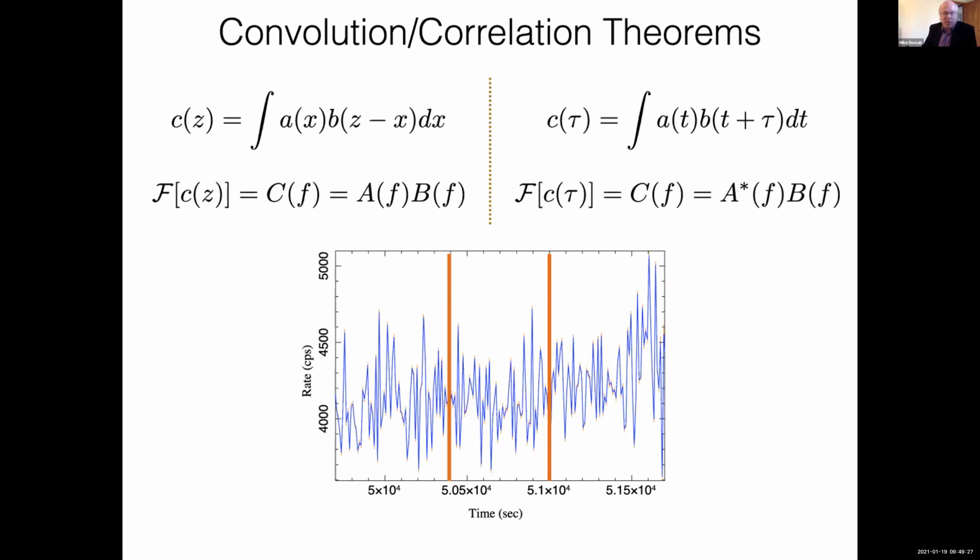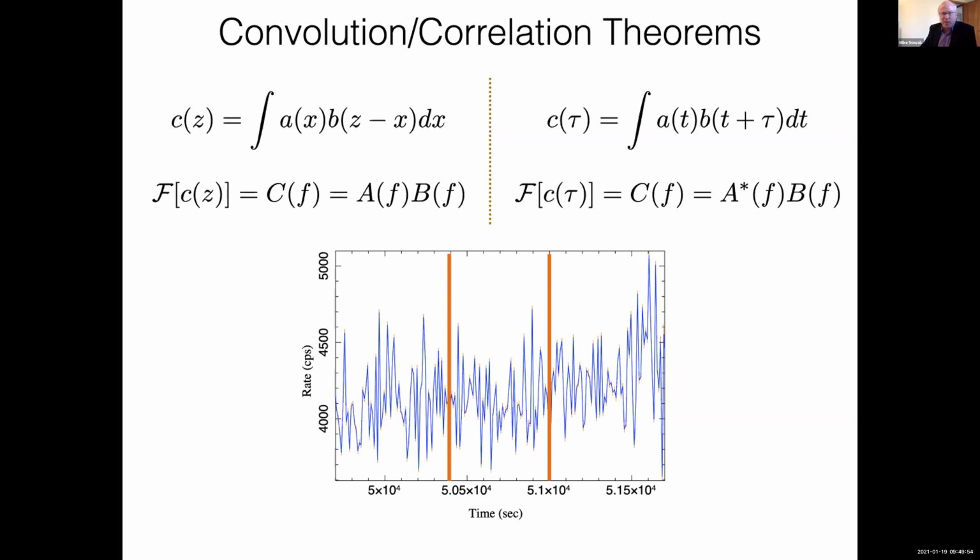It could be a Gaussian smearing of our signal, and that's convolving a Gaussian with my light curve. And it turns out that the Fourier transform of a convolution is equal to the Fourier transform of your input signal times the Fourier transform of the convolution itself, the window function. And the inverse of that is true.